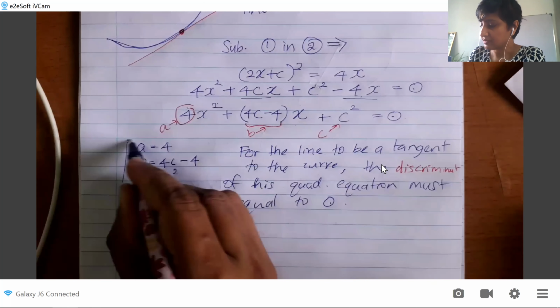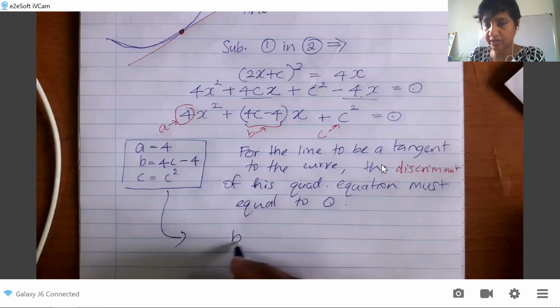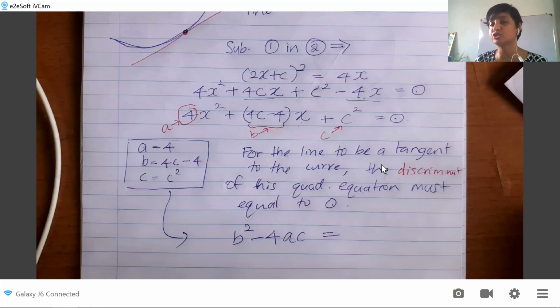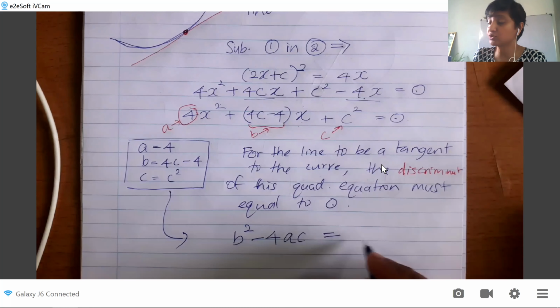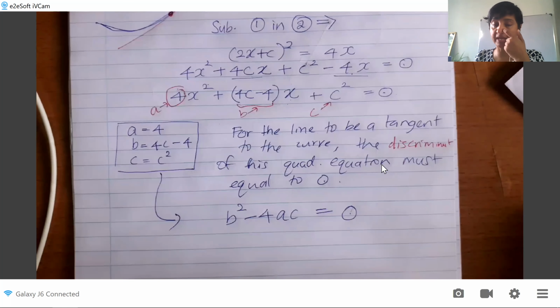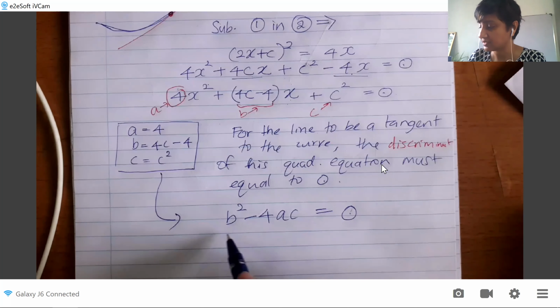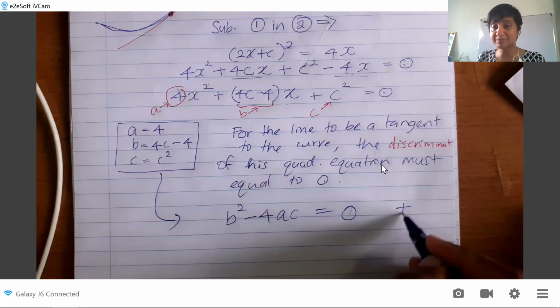Okay, so I'm using these 3. Let me write b squared minus 4ac. I'm making it equal to 0. I know that has to happen if the line needs to be a tangent. So that's the condition.